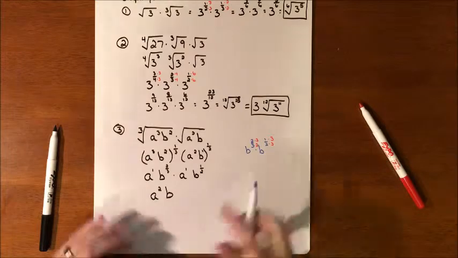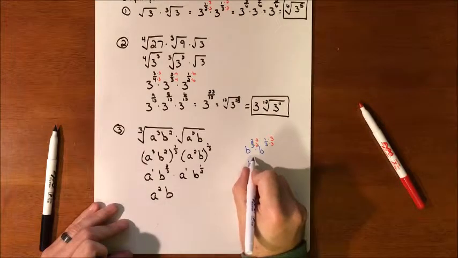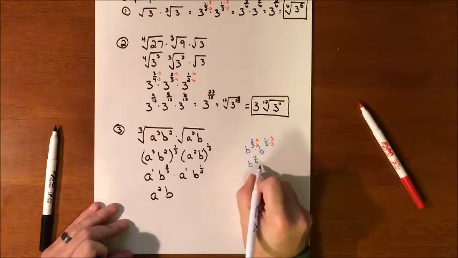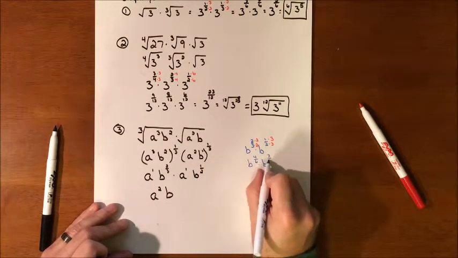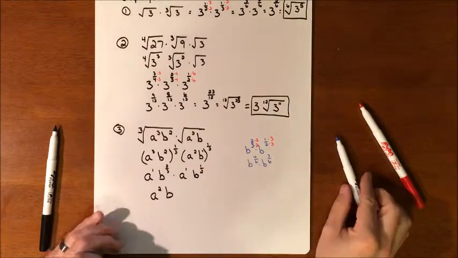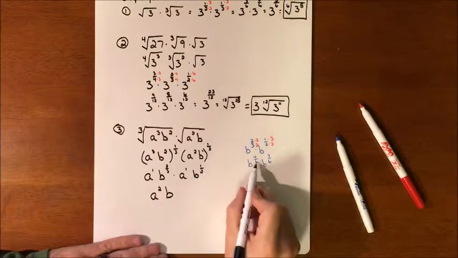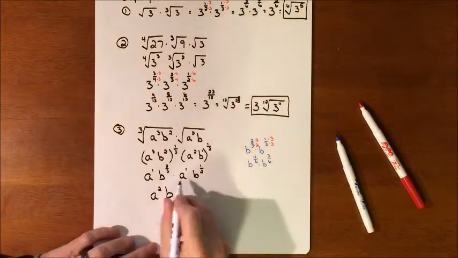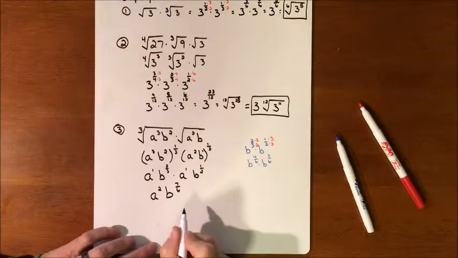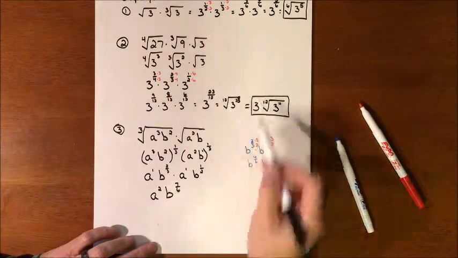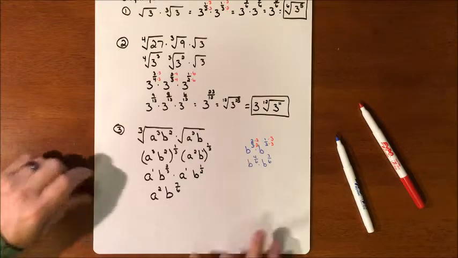That's going to get us b to the 4/6 times b to the 3/6. Now we can combine them. Since we have a common denominator, we can add our numerators together. So that's going to be 7/6.